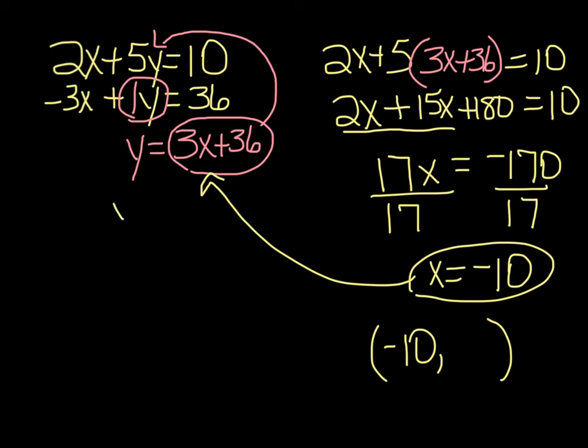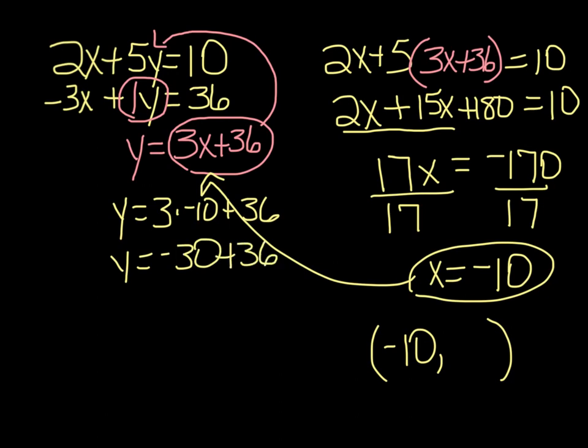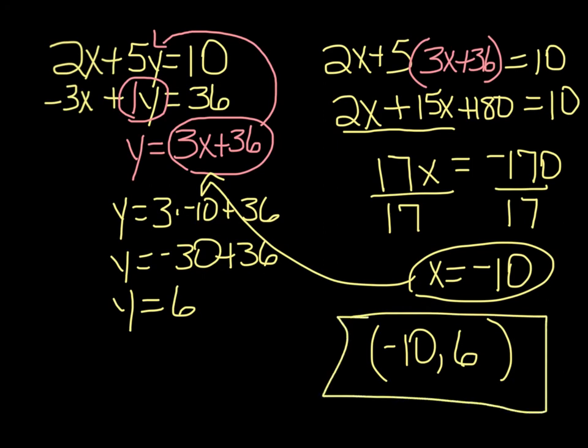We have y equals 3 times negative 10 plus 36. So y equals negative 30 plus 36. So y equals 6. The ordered pair where these lines cross would be negative 10, 6, and that is your solution. You're looking for a solution that is an ordered pair.